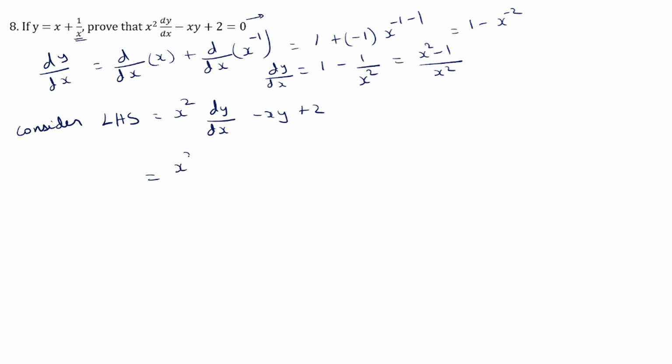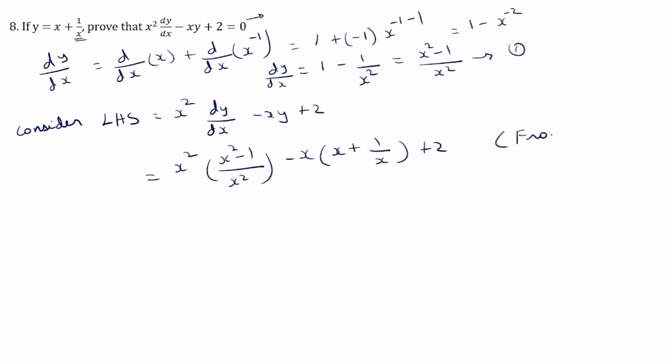So this is equal to x square into dy by dx, from 1, x square minus 1 upon x square, minus x into, here y is x plus 1 by x, x plus 1 by x, plus 2. This is from 1.